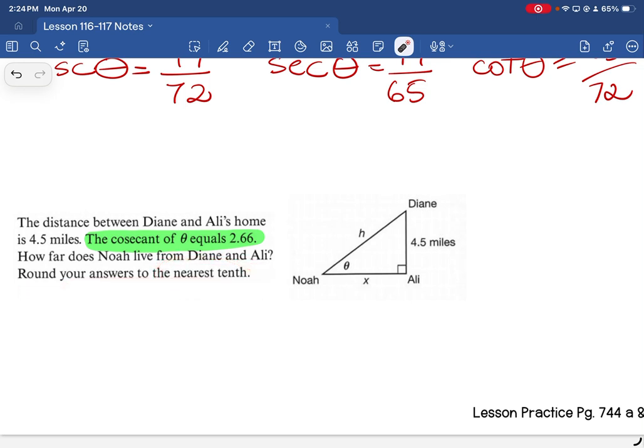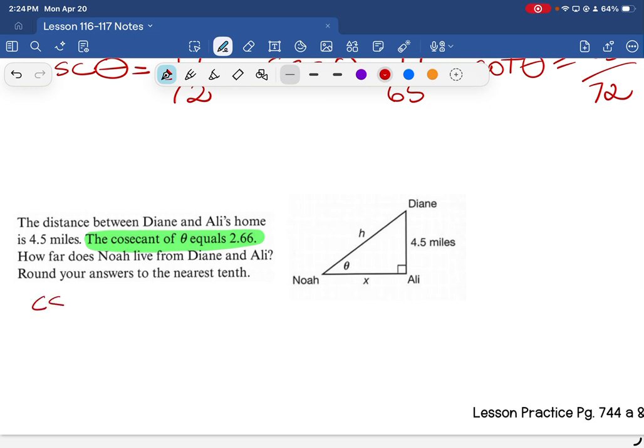All right, what is the ratio again for cosecant theta? H over O. Yes, cosecant theta is equal to H over O. Let me label, like I've always taught y'all to do, the hypotenuse, the opposite, the adjacent. Remember, they gave me an answer to plug in.